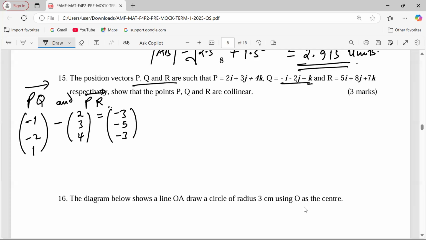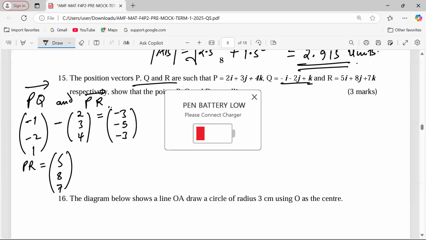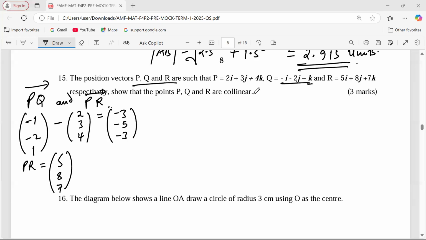Let's talk about vector PR, whereby I would need R. 5, 8, 7.